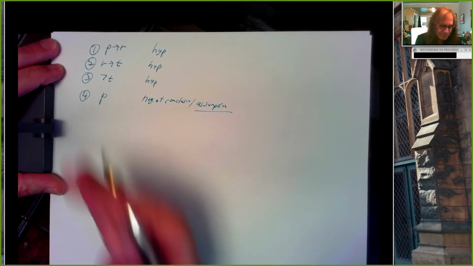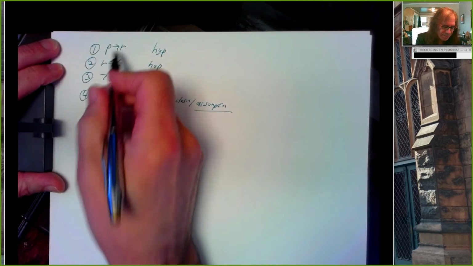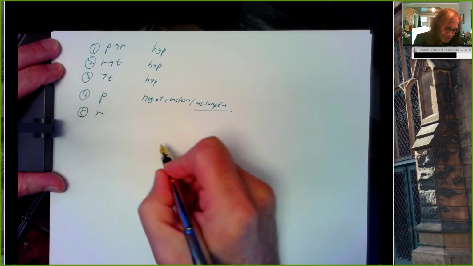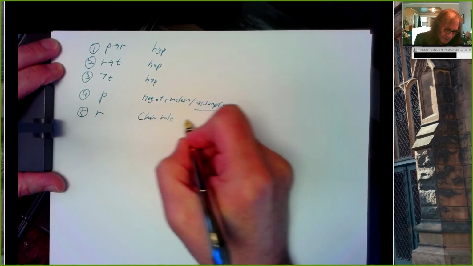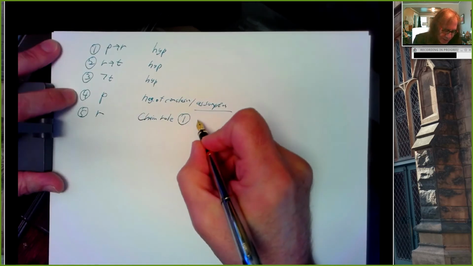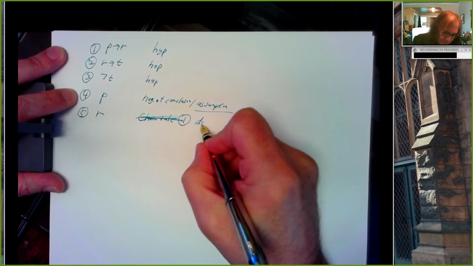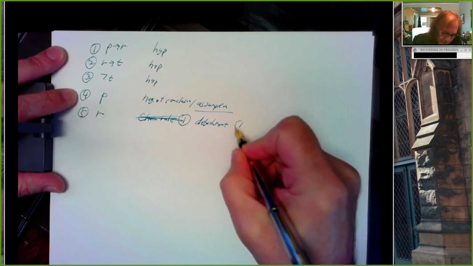And now the proof kind of develops itself, right? If P is true and P implies R, then we know that R is true, because that's detachment or direct reasoning, of 1 and 4.